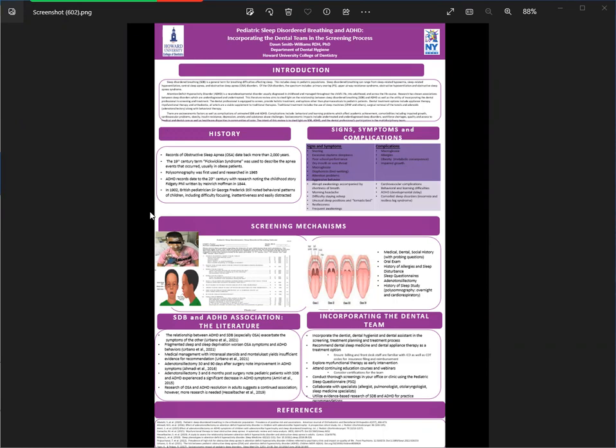Sleep disordered breathing is classified as primary snoring, upper airway resistance syndrome, obstructive hypoventilation, and obstructive sleep apnea. And they include all of the previous things I've mentioned, as well as difficulty with breathing, mouth breathing, sleep disturbance, and hypopneas during sleep.